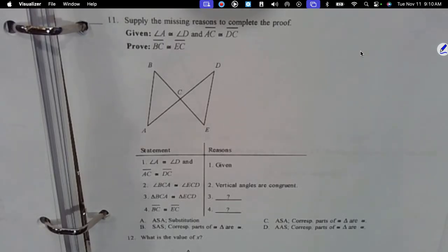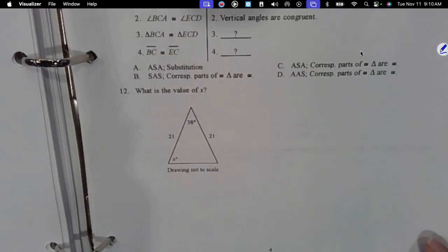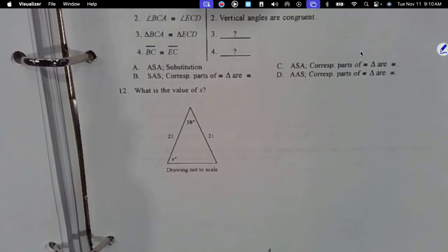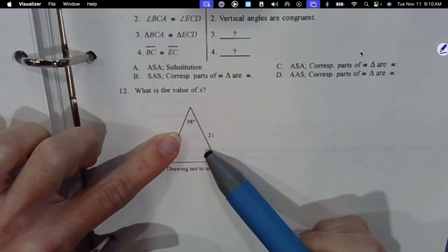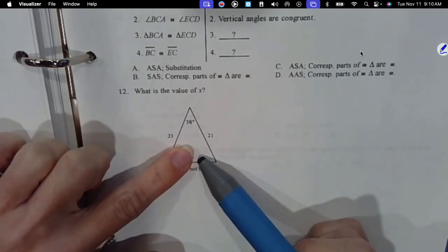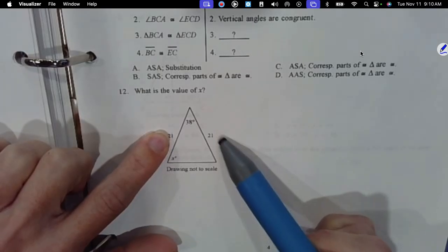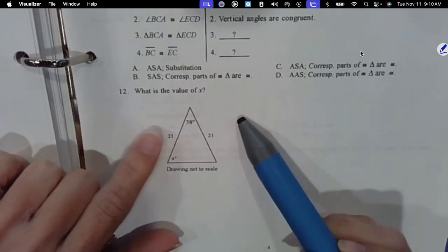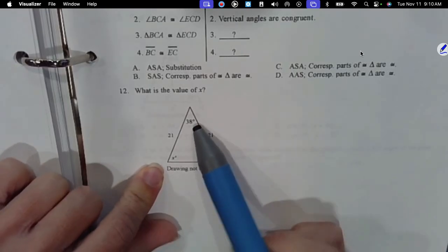And then number 12. Do y'all need a second to write that down? We're okay? All right, number 12. What's the value of x? So what's important here is it's telling me that these two sides are the same. If the two sides are the same, then what do you know about the bottom angles? They're the same. That's what's important here. So I need to take this away from 180. What is 180?